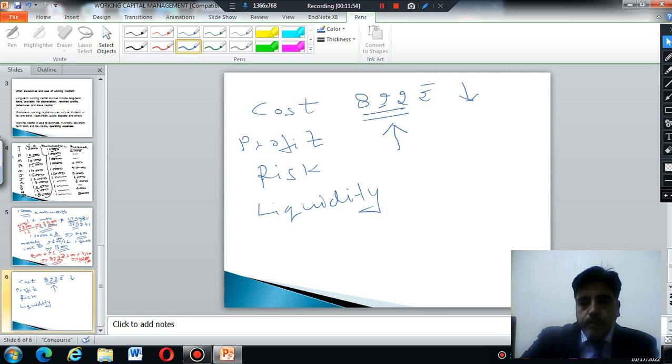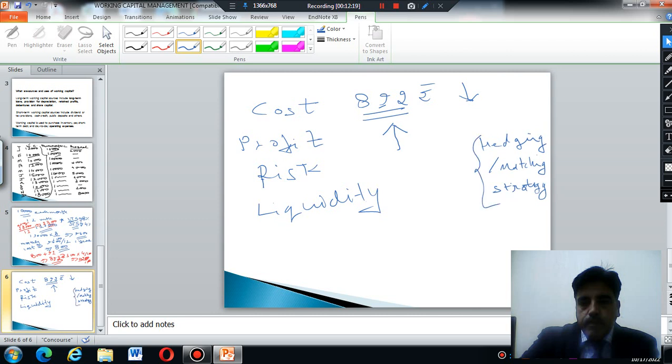And we will see what the impact on the risk profile will be if we follow this hedging strategy. If we follow the hedging or the matching strategy, because in most of the books you will find hedging, and in some of the books you will find the matching strategy. So don't get confused, my students.